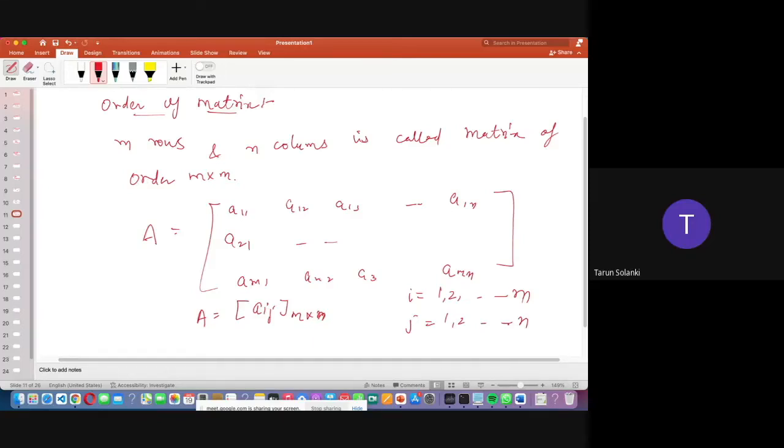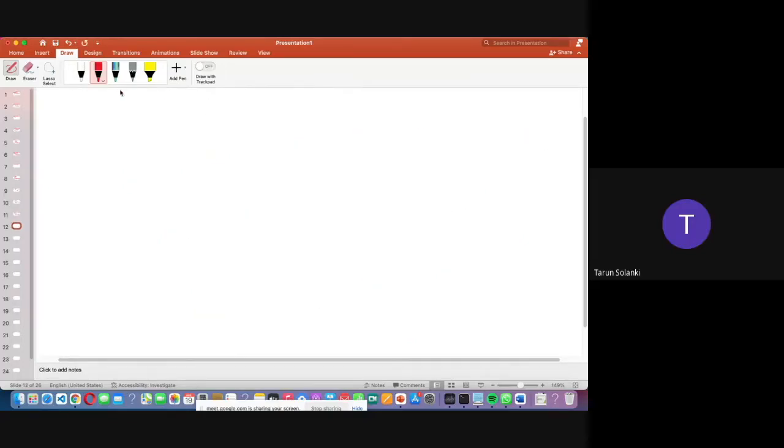Here aij denotes the element of the ith row and jth column.